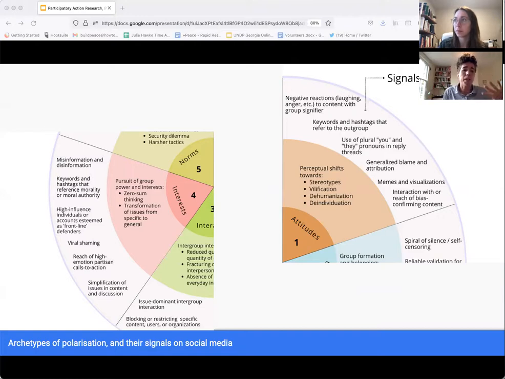By interest, what we mean is where there are clear signals on social media that there's a pursuit of group power and interest. So this can come out as zero-sum thinking. It can come out as the transformation of issues from specific to general. We see that quite a lot. This is where we see a lot of the content that is misinformation and disinformation feeds into this archetype in our view.